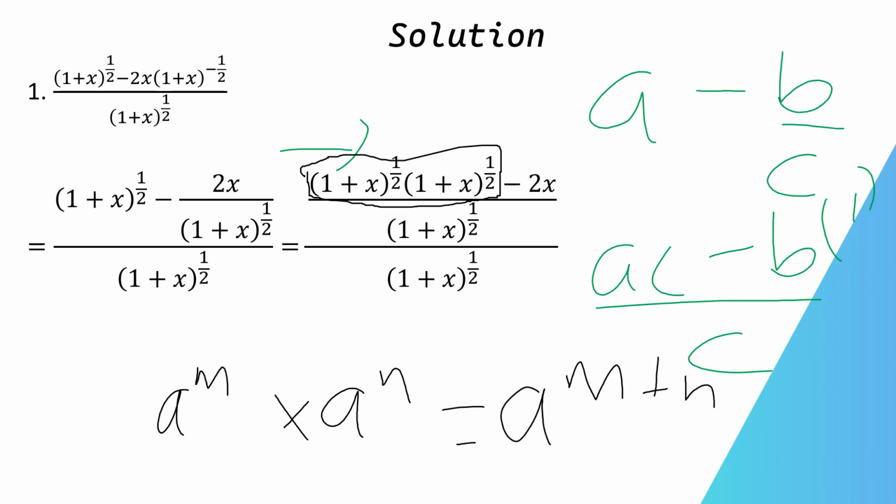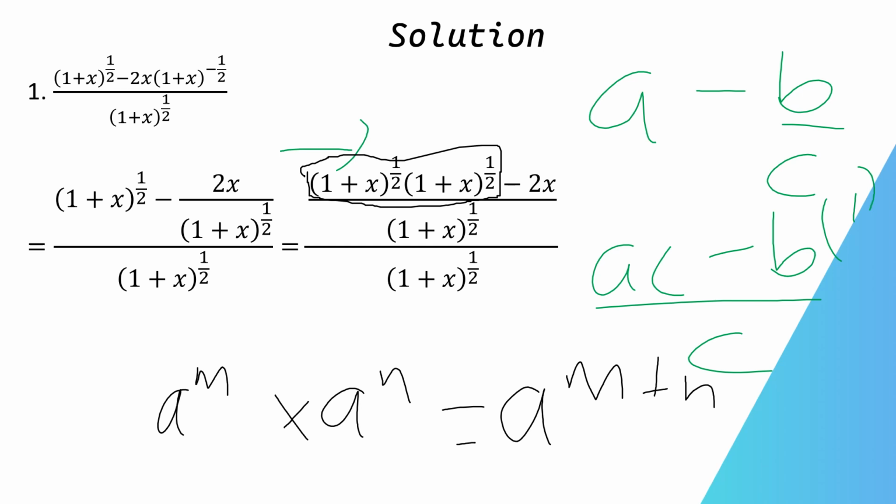So having 1 plus x to the exponent half multiplied by 1 plus x to the exponent half, that is 1 plus x to the exponent 1, which is the same thing as 1 plus x.